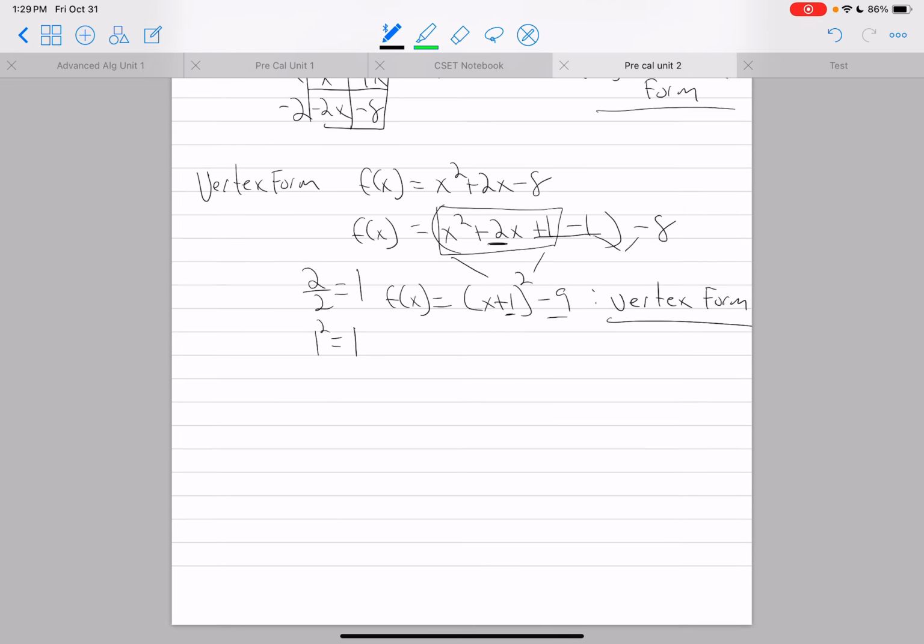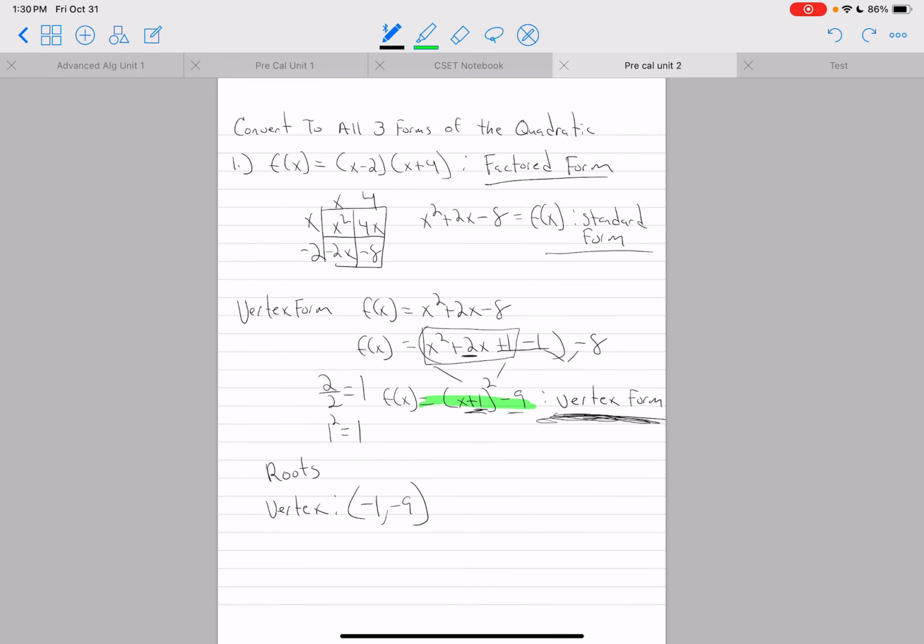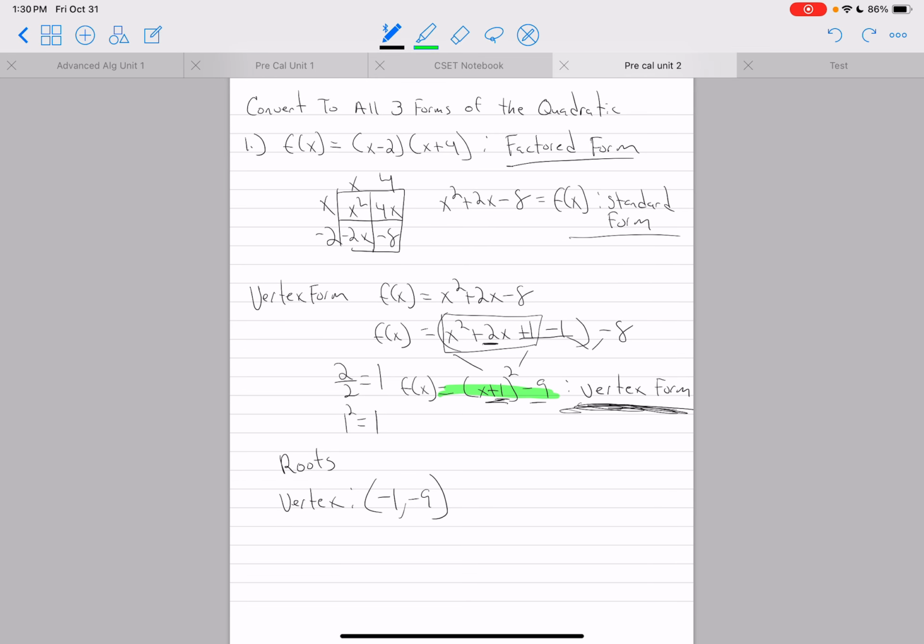The key features I have to know are I need to know the roots and I need to know the vertex. Well, I can see the vertex in vertex form. So I should see that the vertex is, don't forget, when we're talking about the vertex, it's negative 1, negative 9. That is the vertex. And then if I wanted to find the roots, I could get that from factored form.